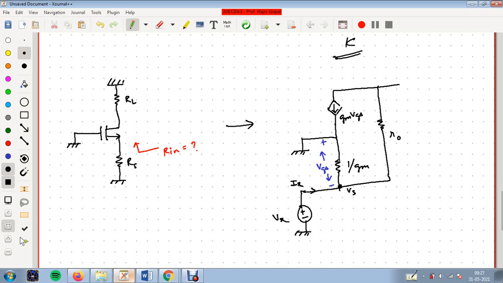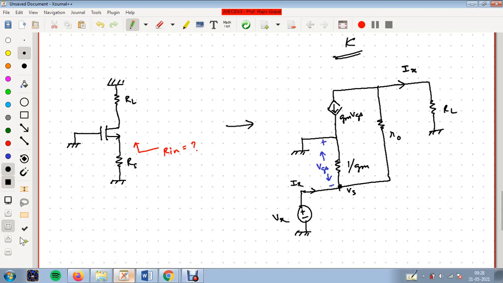The same current will flow here also. Here you will have RL, and the same current Ix will flow here also, right?